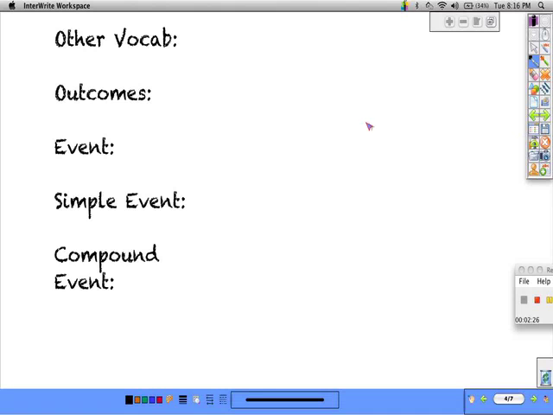A few more vocab terms. Outcomes are the results of doing something. The outcomes of flipping a coin are heads or tails. Outcomes of rolling a dice is getting 1, 2, 3, 4, 5, or 6.